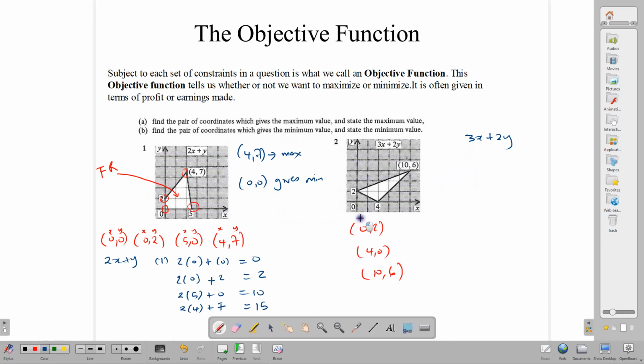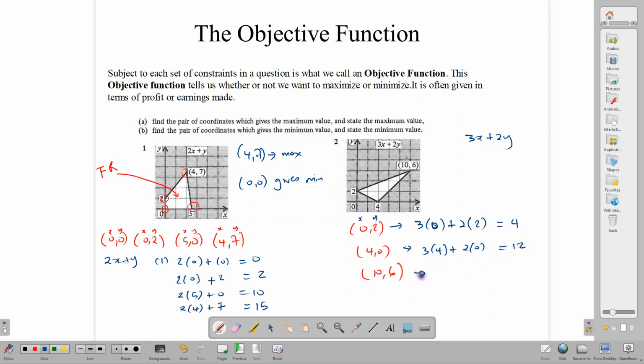So our x and our y. For the first one, we have 3 times 0 plus 2 times 2. That gives us 0 plus 4, that's 4. For the second one, we have 3 times 4 plus 2 times 0, that gives us 12.